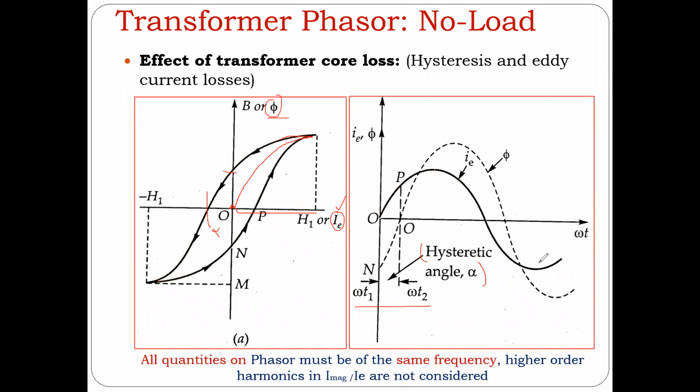In fact, they do have some phase difference, and that phase difference, that the current leads the flux by some hysteretic angle, is normally denoted by alpha. We have not considered higher order harmonics yet. We'll talk about these later, and things would still change. Any question?